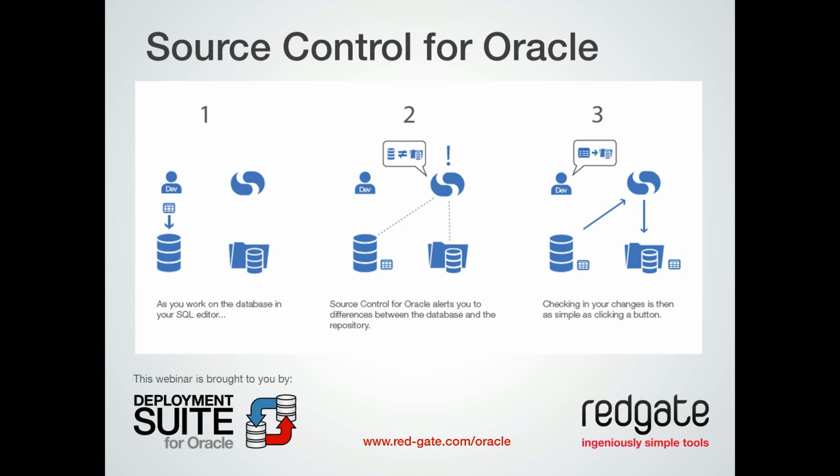After that, you'll be able to review the changes and the work that you've done before you check it into source control. But more importantly, source control for Oracle is going to make the whole process of checking those changes into source control very, very easy.